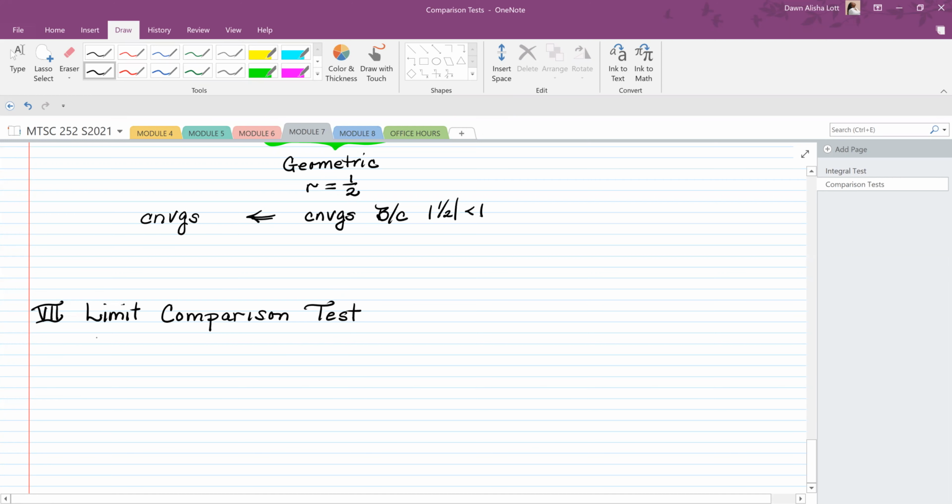So now we have, let's suppose summation an and summation bn are series with positive terms.